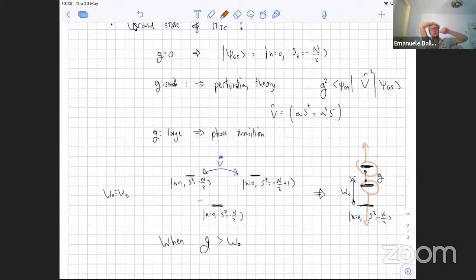If you ask yourself what the new ground state is, you will see that the new ground state is actually a state that is extremely highly excited. So when g equals omega 0, then you have a huge level crossing. And this is what people know as a quantum phase transition.